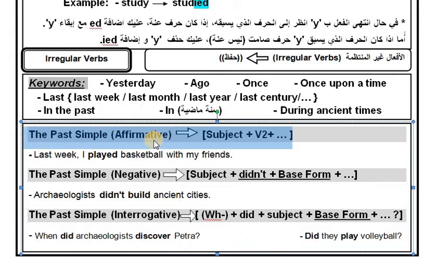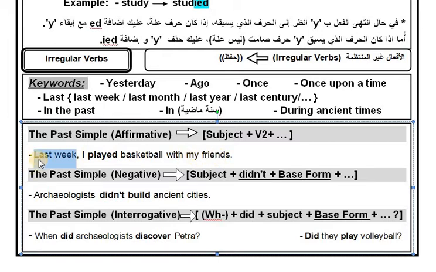Affirmative الإثبات yes. يكون في عندنا in the sentence subject plus verb to. حكينا وأكدنا شكل الverb اللي راح نستخدمه in the past simple هو verb to. So pay attention to the form of the verb in the past simple. Look here. Last week I played basketball with my friends.